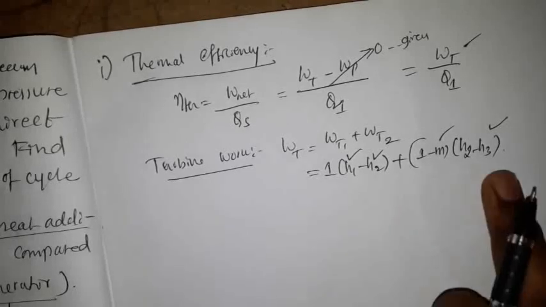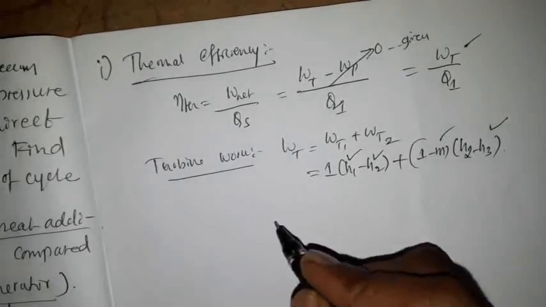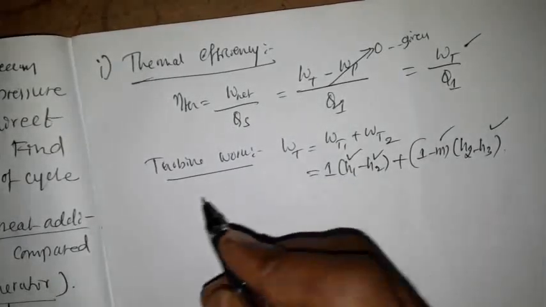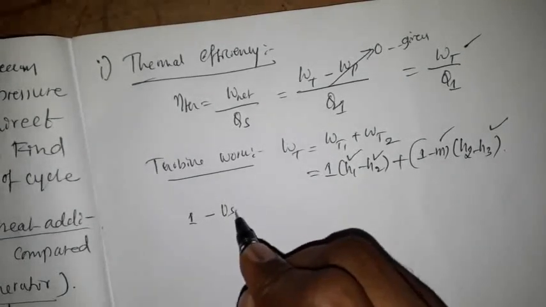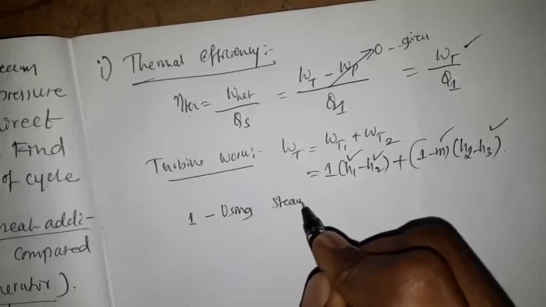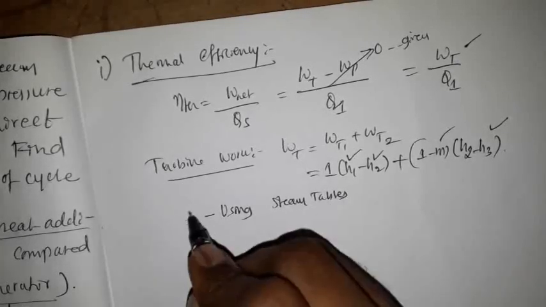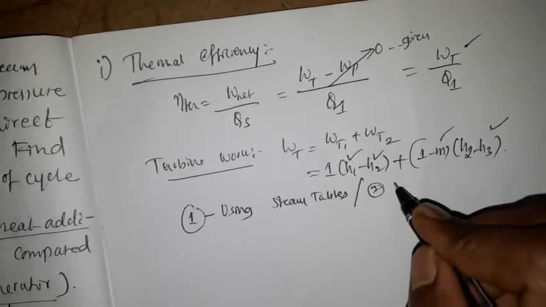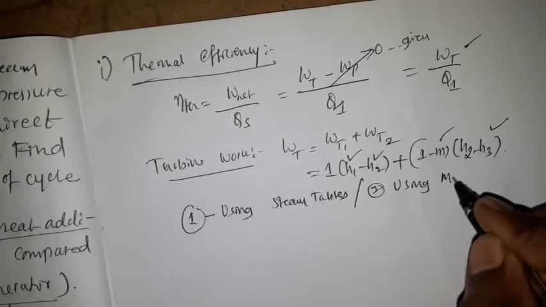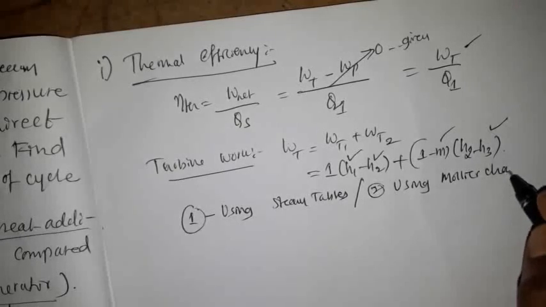either from the Mollier chart. So there are two methods to obtain these values. So first one is using steam tables, or second one is using the Mollier chart.